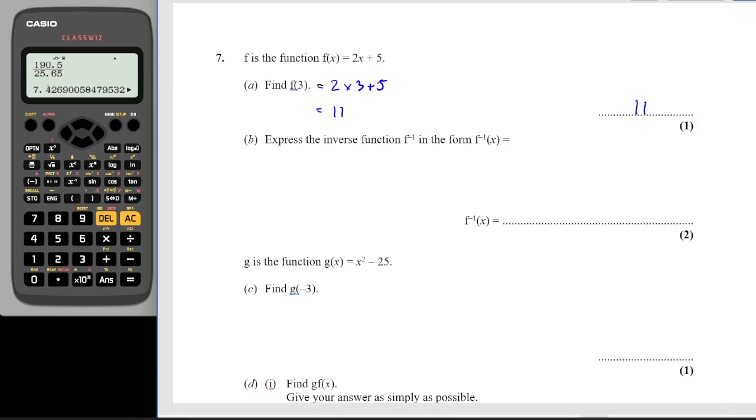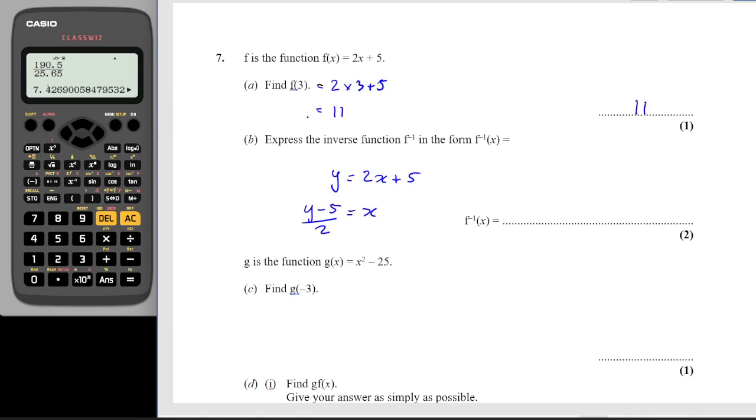Okay, our next one, express the inverse function in the form f to the minus 1 of x is equal to. The most straightforward way of viewing this is to put it in as an equation like that and rearrange it to make x the subject. So I'm going to minus 5 from both sides and divide by 2. So y minus 5 divided by 2 is equal to x.